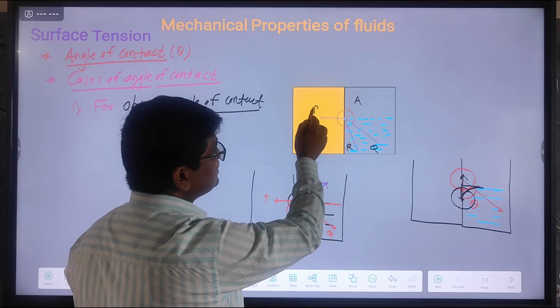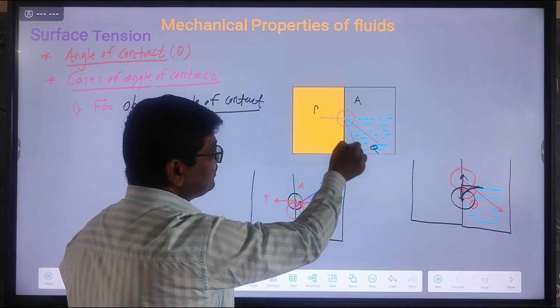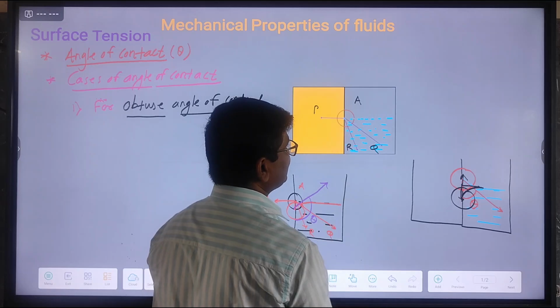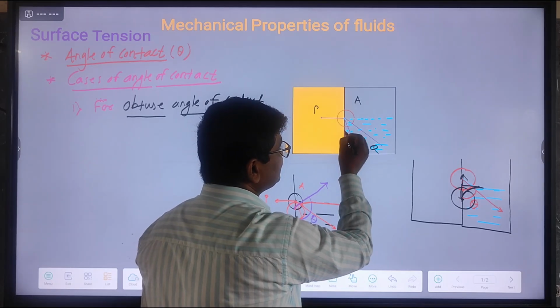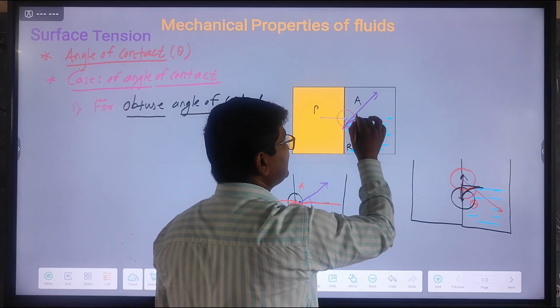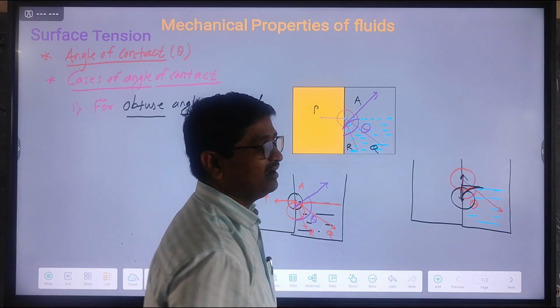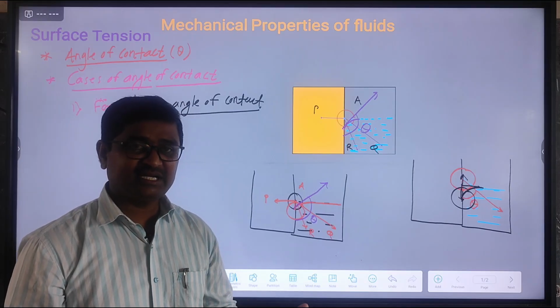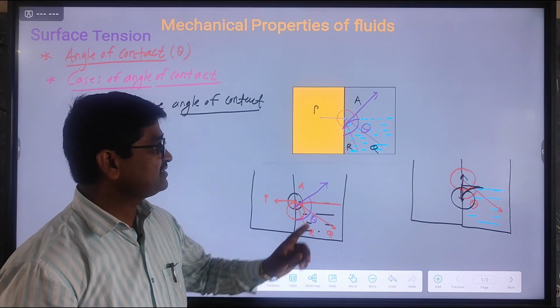It means cohesive force is greater than adhesive force, and the resultant force is also towards the cohesive force, and the molecule normally creeps vertically downward. The point of contact will be convex, and when we draw the tangent, the angle of contact is obtuse, greater than 90 degrees. This is our second case. That is a very important second case.